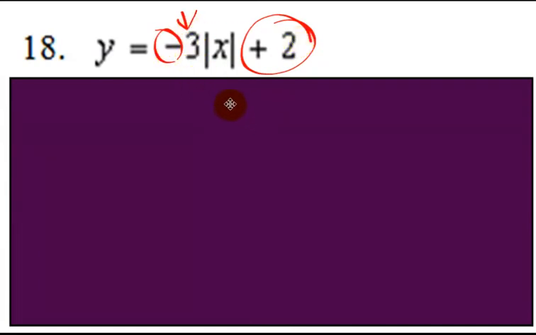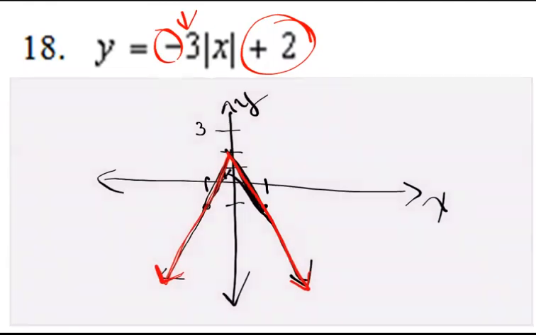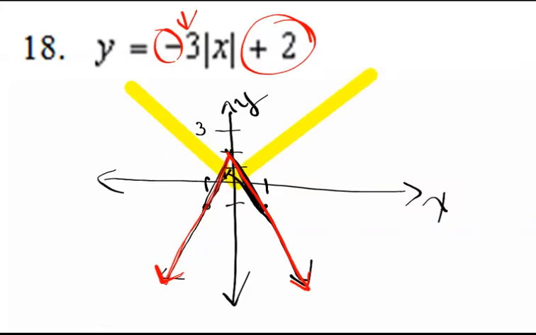So I would graph it first. So it's going to be like this, right? And then you're going to stretch it by a factor of 3, so it's going to get skinnier. I would now move up 2 to our new point, and then flip it upside down.